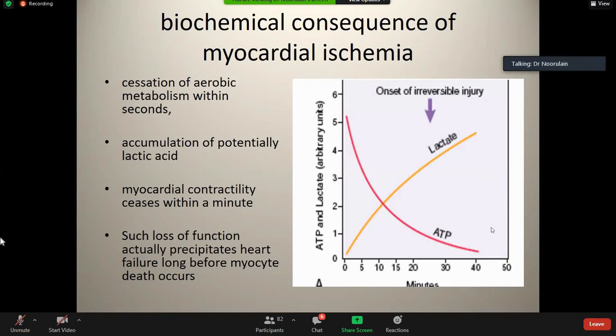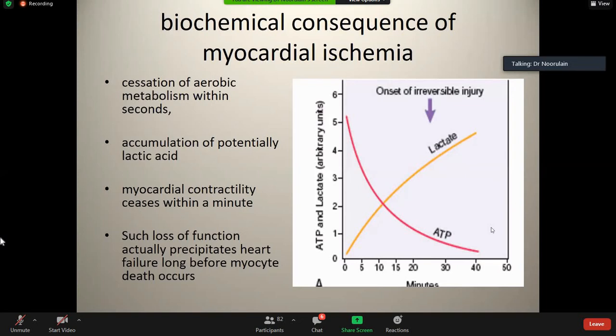Okay, some other biochemical consequences of myocardial ischemia. When there is a stopping of the blood to the myocardium, there is a cessation of aerobic metabolism within seconds, then an accumulation of lactic acid. Myocardial contractility ceases within minutes.